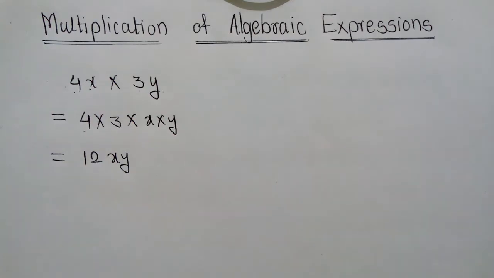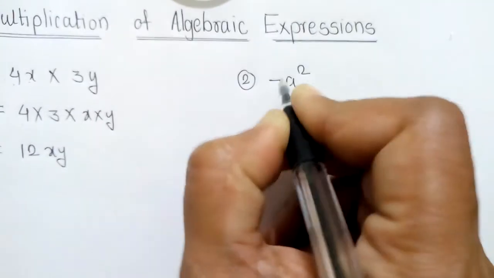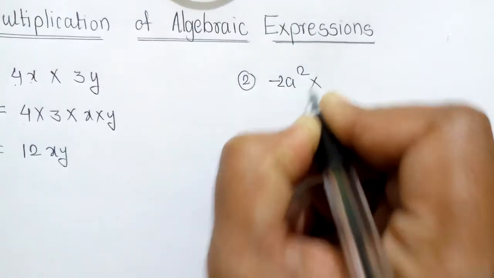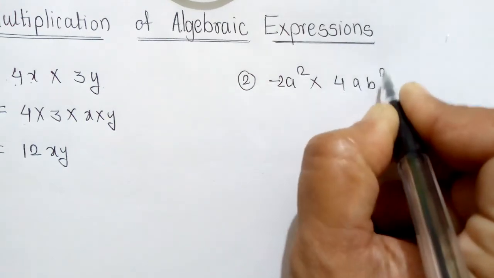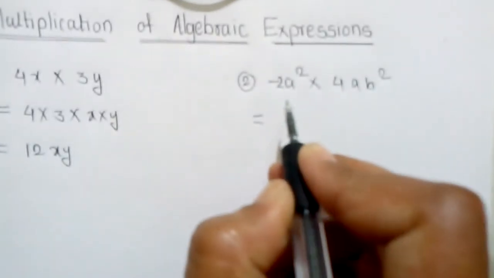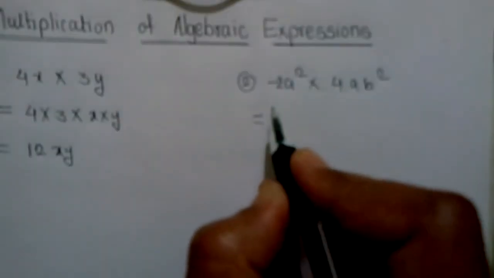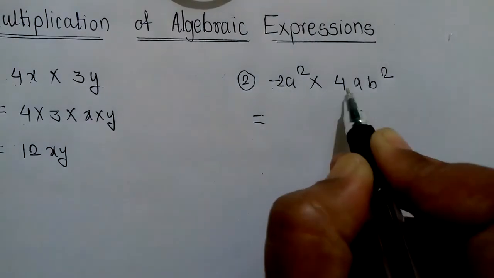Okay. Now one more example, negative 2a square into 4ab square. Now we have to multiply as I told: first you have to multiply coefficients. So what are coefficients here? With signs, negative 2 and 4.